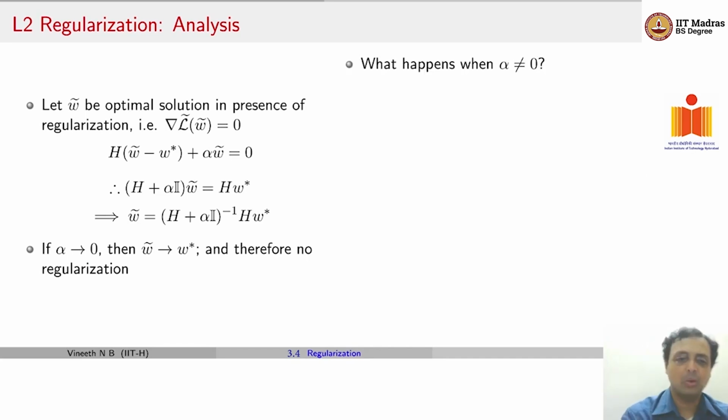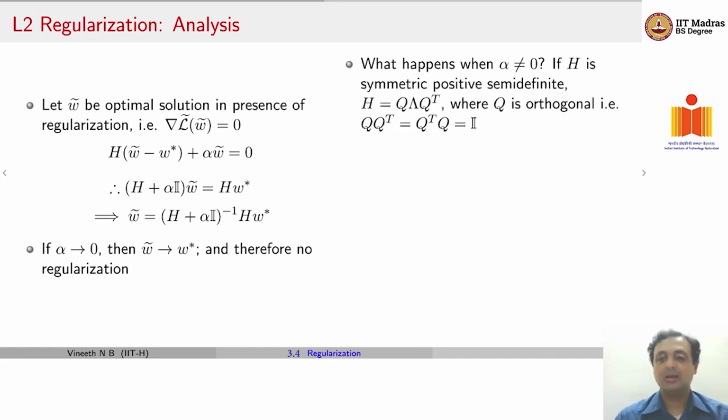What can we say about w tilde? It's not trivial to say something in general about w tilde unless you assume some form for H. So to do that, let's assume that H is a symmetric positive semi-definite matrix. Positive semi-definite means that the eigenvalues of H are all greater than or equal to 0.